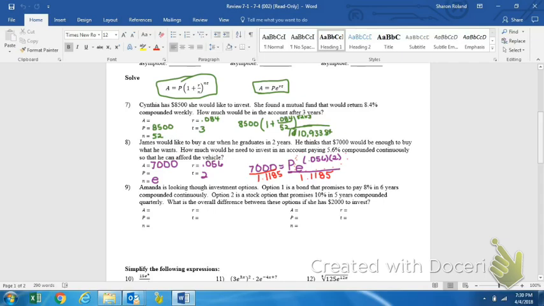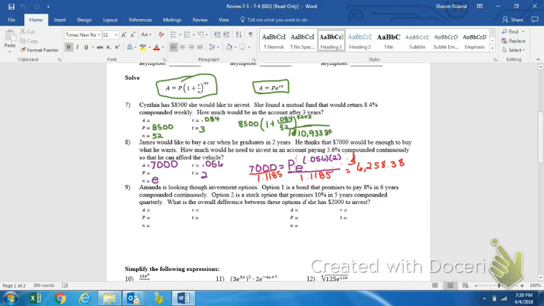You could just do 7,000 divided by e to the 0.056 times 2. Mine's going to be an estimate because it just is. And it's going to equal $6,258.38.